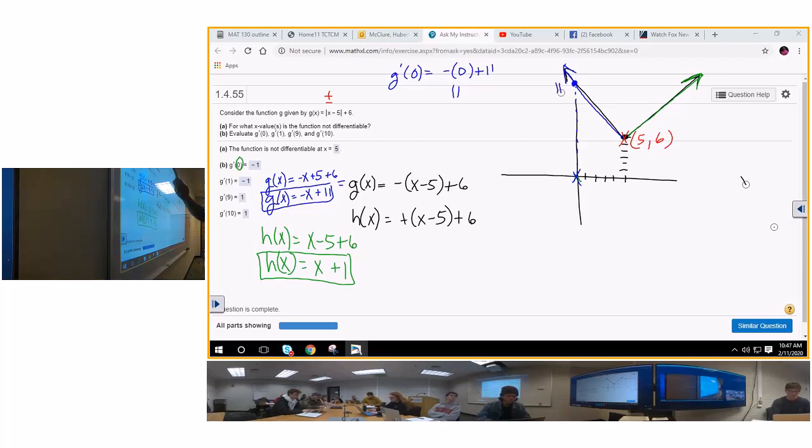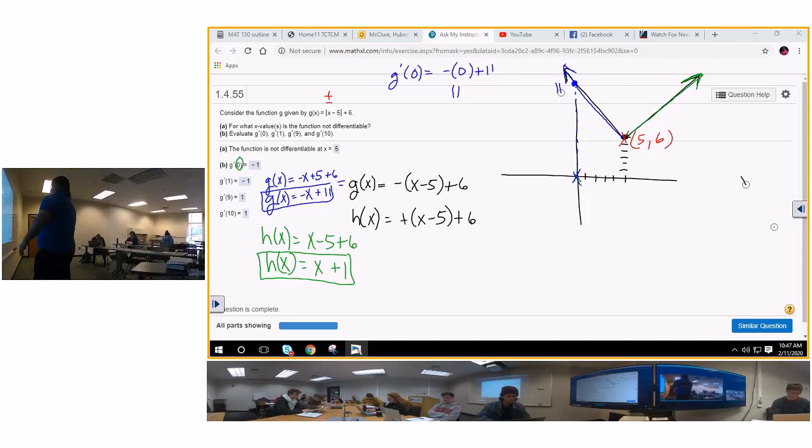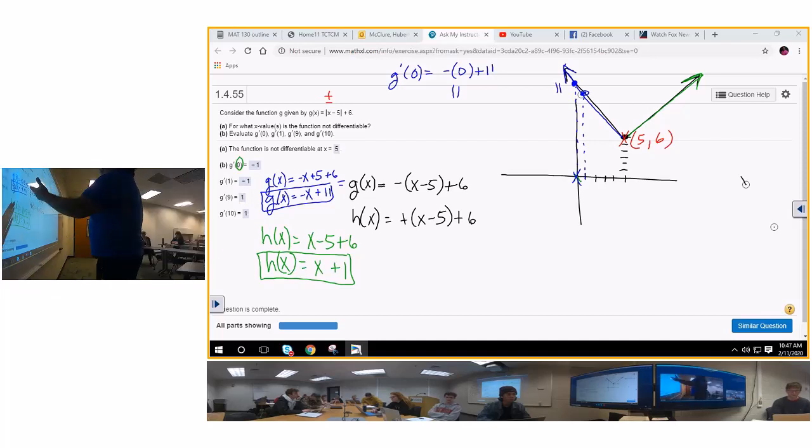So let's do g prime of 1. What is x equal to 1 hitting? It's hitting this function. So plug in the 1. What is negative 1 plus 11? 10. What about x is equal to 9?